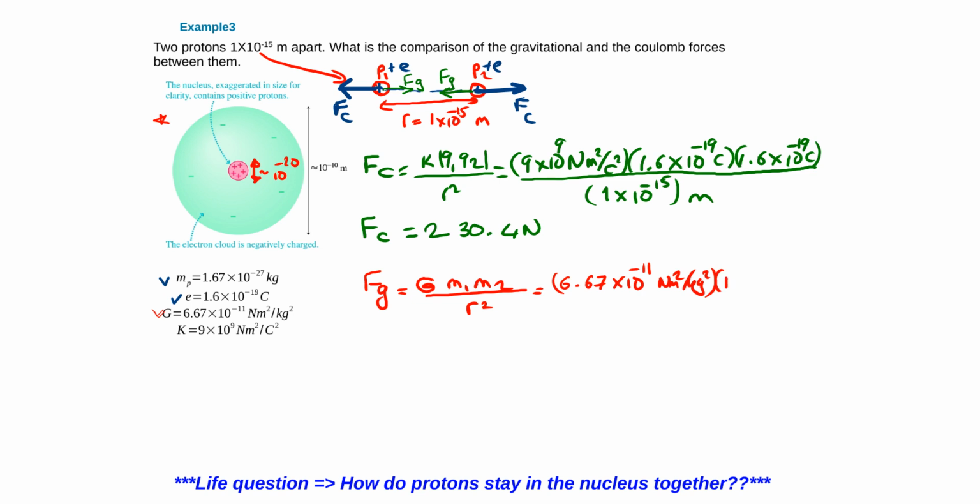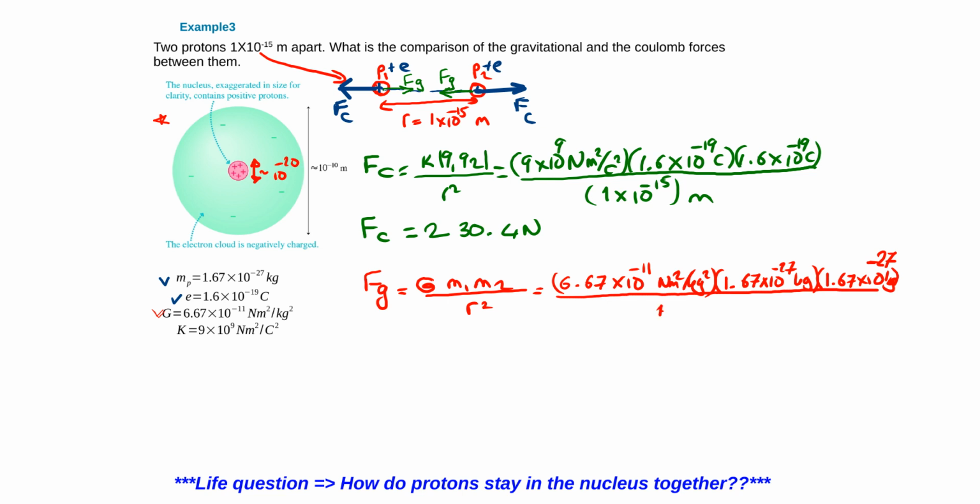Mass 1, mass 2 will be the proton's mass, 1.67 times 10 to minus 27 kilogram times the same thing, 1.67 times 10 to minus 27 kilograms, divided by the distance squared.